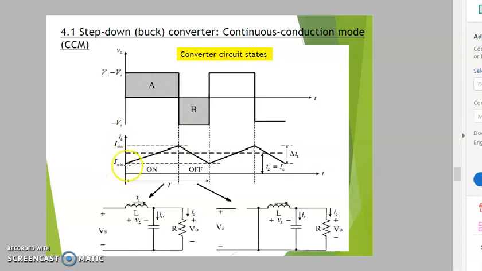The I min and I max during switch on at steady state: we have here Vs minus Vo. So this is the load that we measure here. In terms of current, you fly between the minimum, I min, and increase to the maximum.